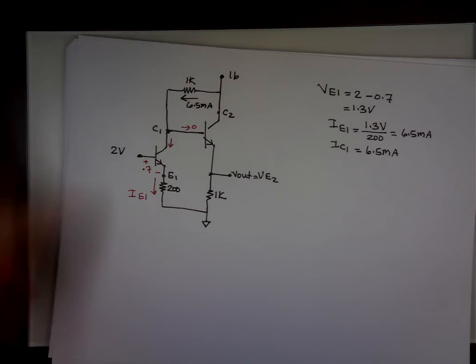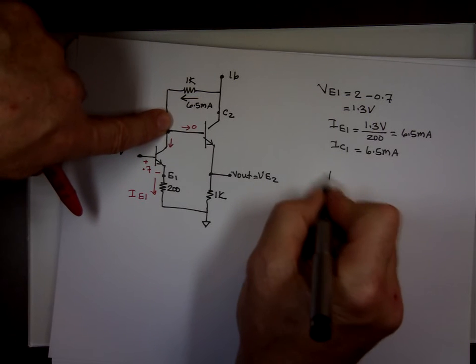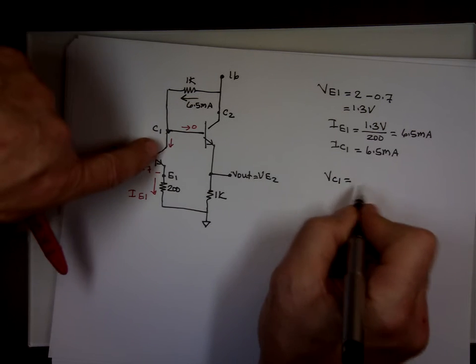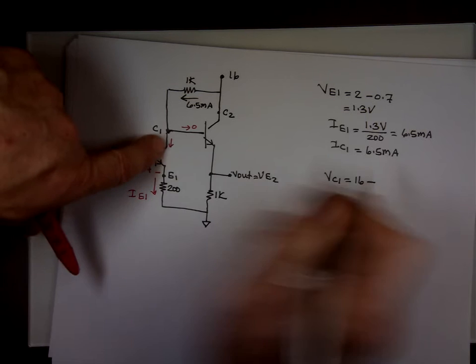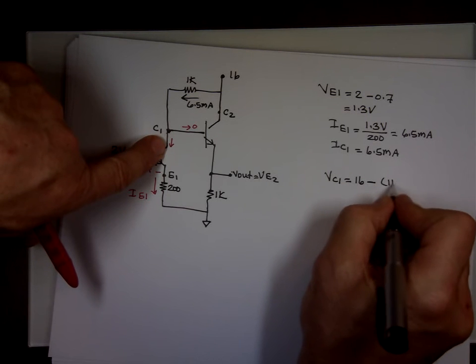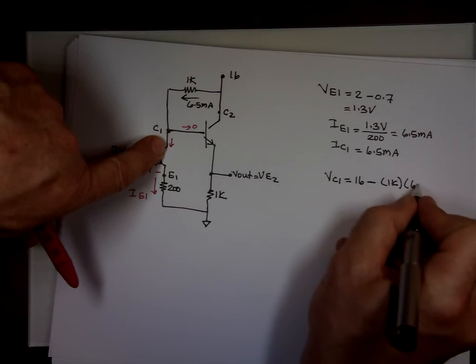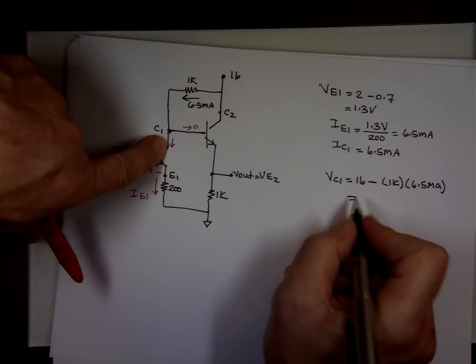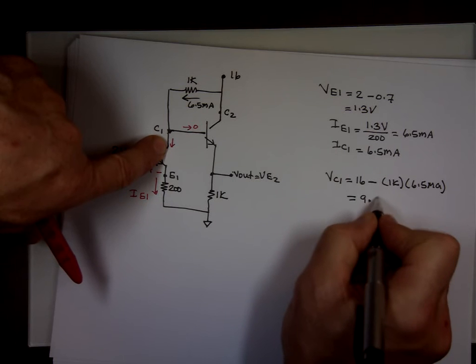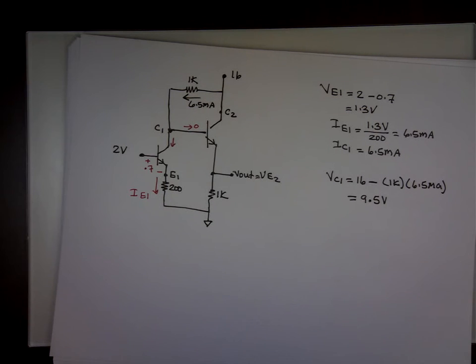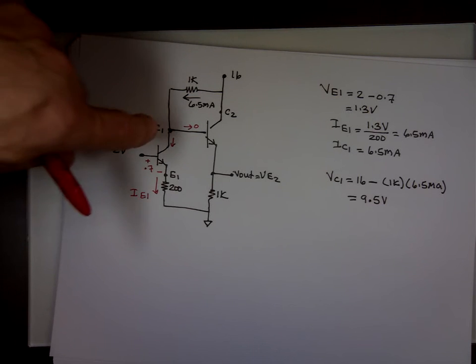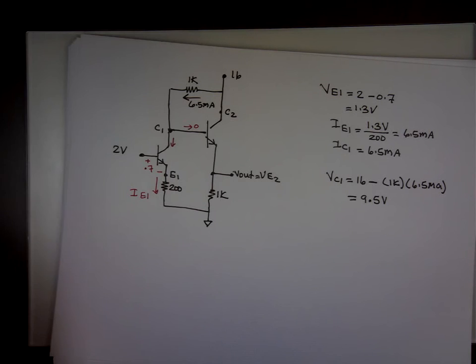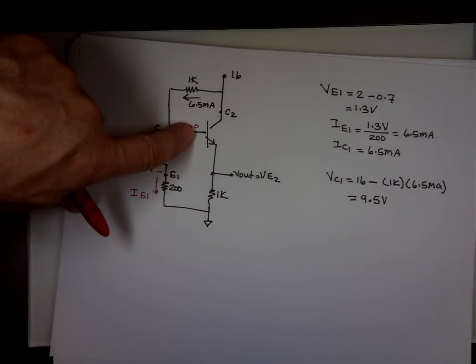So can I find the voltage at C1? That's going to equal the 16 minus this resistor, which is 1K times 6.5 milliamp. And that will make it what? 9.5 volt. That happens to be the same voltage at the base of this transistor, transistor number 2.